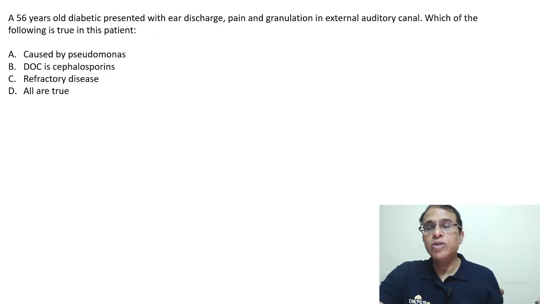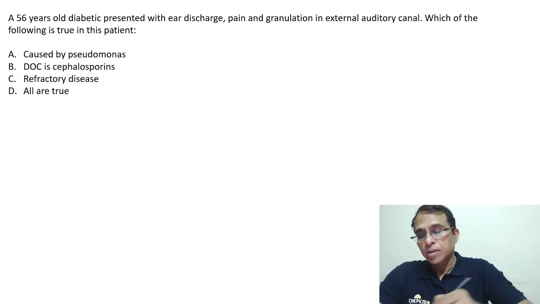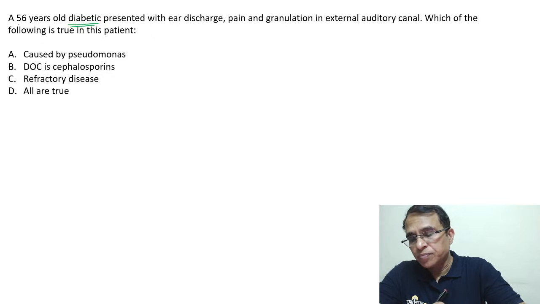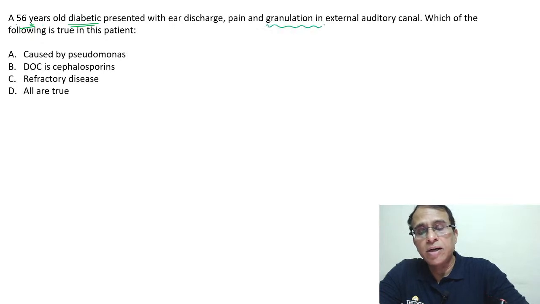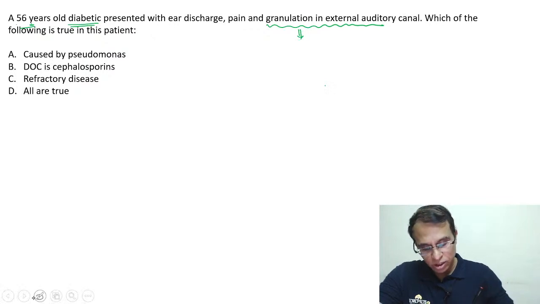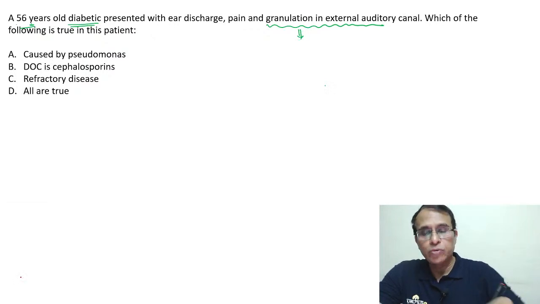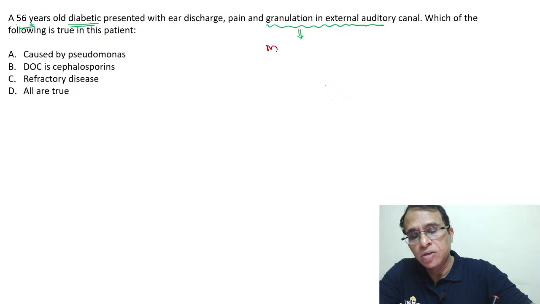So first of all, what is your diagnosis? A diabetic beyond middle age with granulation in the external auditory canal is straightway diagnostic of malignant otitis externa.